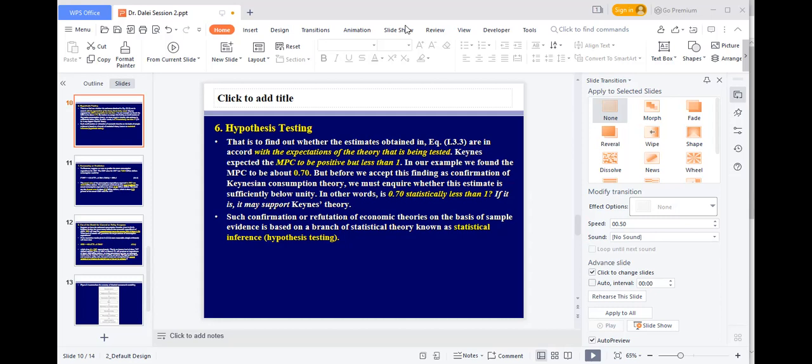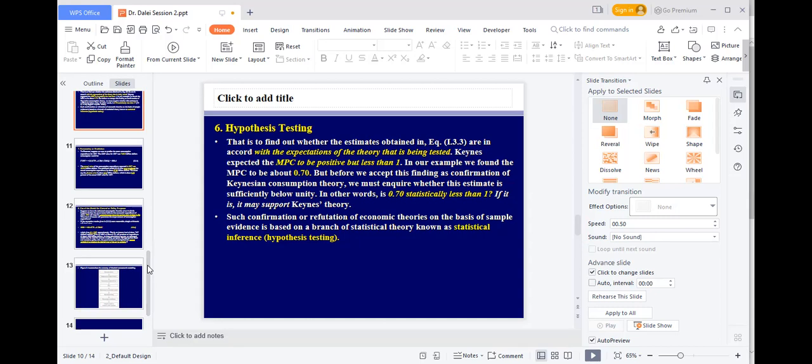So using hypothesis testing, we have to formulate a null hypothesis and an alternative hypothesis, and take a decision whether to reject the null or to accept the null. In that process, we will try to prove that the MPC, 0.70, that we got from our model is less than 1. That we have to prove statistically.